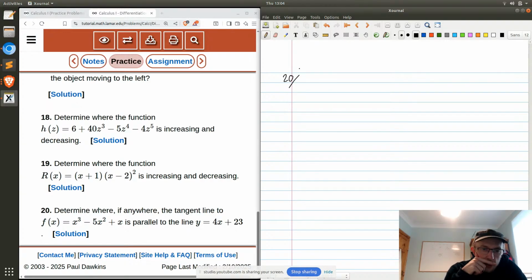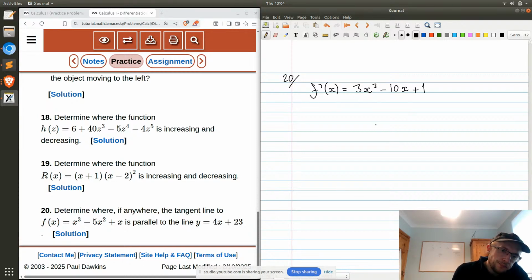Determine where, if anywhere, the tangent line to that cubic right there is parallel to that line there. So, find f prime of x. That's what I'm going to do. 3x squared minus 10x plus 1. And I'm going to set it equal to 4.